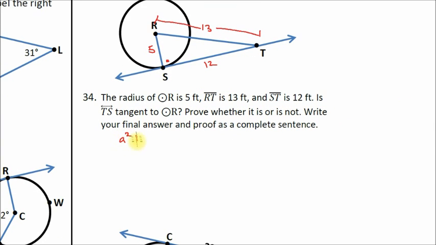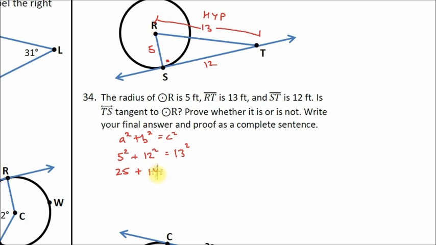We got A squared plus B squared equals C squared. Our hypotenuse is this line right here. If this were a right triangle, that'd be the right angle, which means this opposite side, or the longest side of the triangle, is the hypotenuse. So we've got 5 squared plus 12 squared equals 13 squared.